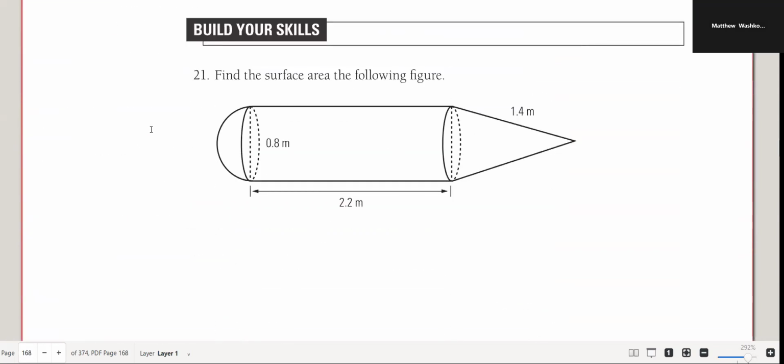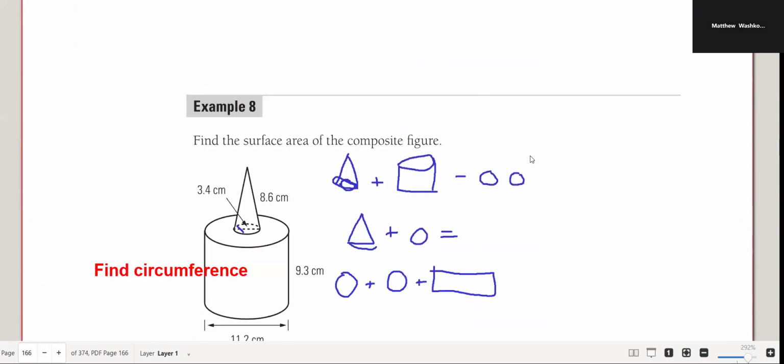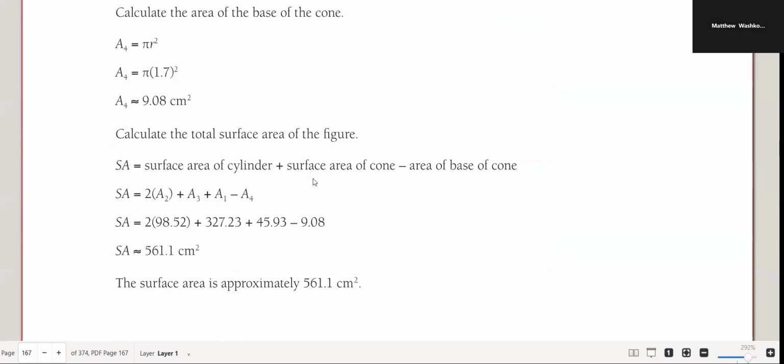Oh sorry, my bad. You do need to subtract one of these circles actually, because you can just use the formula of a cone to find the actual area. My bad. Gave you some wrong instructions there.